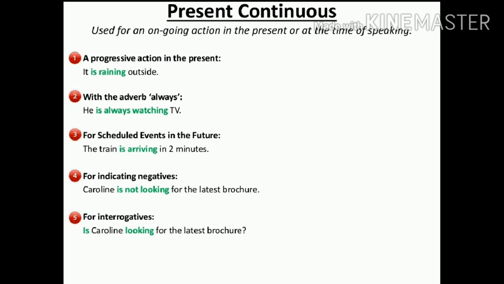So we will use present continuous tense. Present continuous tense can also be used with the adverb always. Means whenever we are talking about some habit or an action or even an event and we are using the adverb always, so with always we will always use present continuous form of verb.